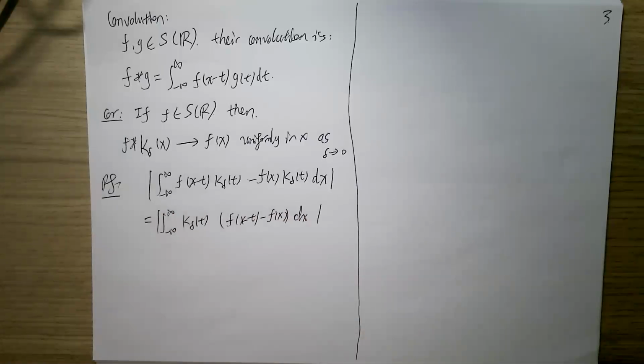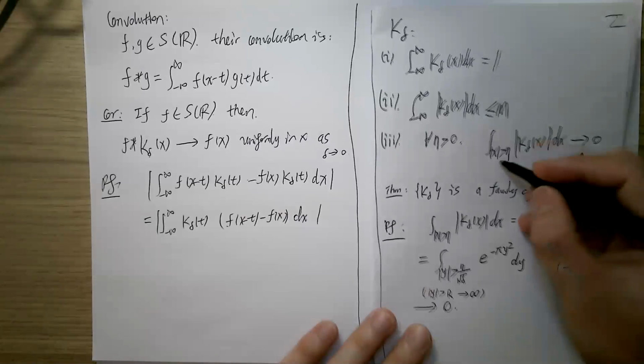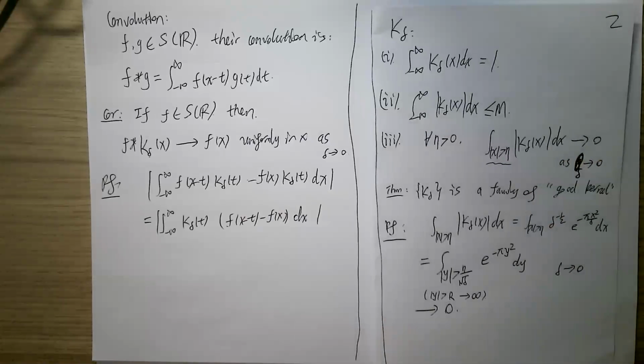Okay, so if we use our old idea, then probably we want to split it into 2 parts. Since we want to use the condition of the good kernel, maybe we would like to take some small eta, right?